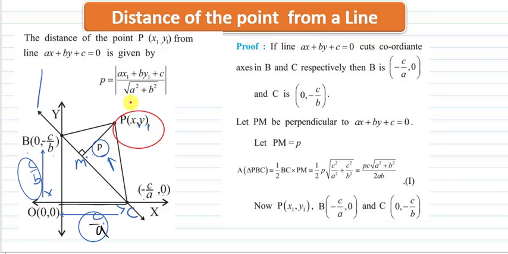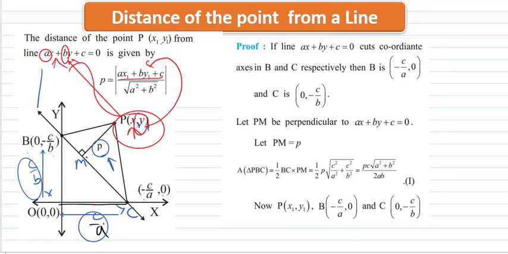So in short, whenever you want to find the distance of a point from a line, just put that point into the equation of the line. I have just put the x coordinate in place of x, and the y coordinate in place of y. You will get this divided by the root of the sum of squares of the coefficient of x and the coefficient of y. So just remember this formula.